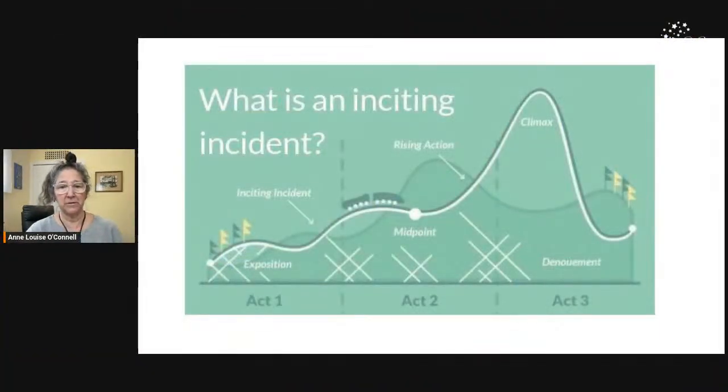So one of the visuals that I like to use, that's very, very simple, is that you're going to look at your plot and the development of your plot like a 3-act play. So the 3 acts are very, very specific in what they need to include in order for a plot to continue and not have what we might call a saggy middle, so that people aren't like, oh my goodness, let's get this plot going.